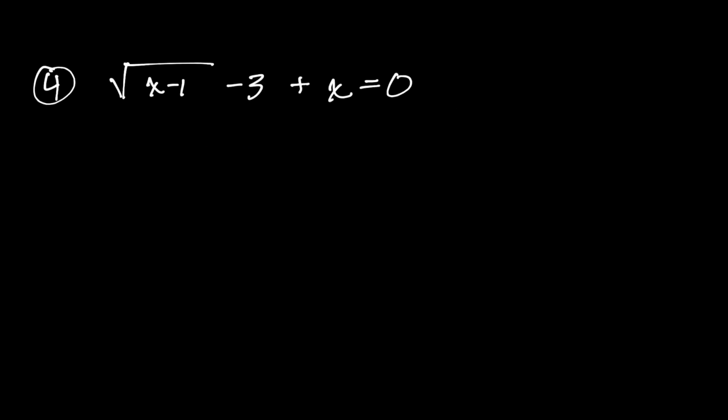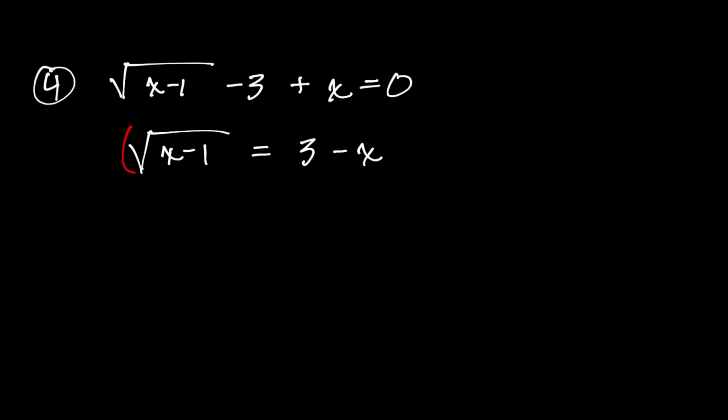So here's an interesting looking equation: the square root of x minus 1, minus 3 plus x equals 0. I'm going to have to move this stuff to the other side, and it won't be a radical. So there's a good chance that I'm going to get two solutions and only one will work. So I'm going to try 3 minus x on the right-hand side.